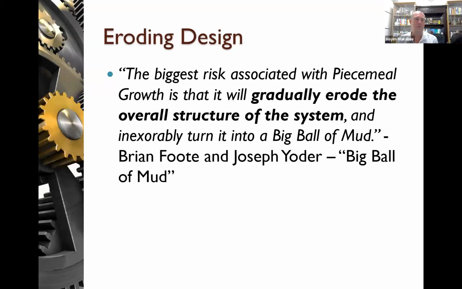And this is a quote from The Big Ball of Mud that you must read. This article is a classic in the area of software development. It says the biggest risk associated with piecemeal growth is that incremental growth will gradually erode the overall structure of the system and it will become a big ball of mud. So the system will lose its architecture. It will be corrupted.